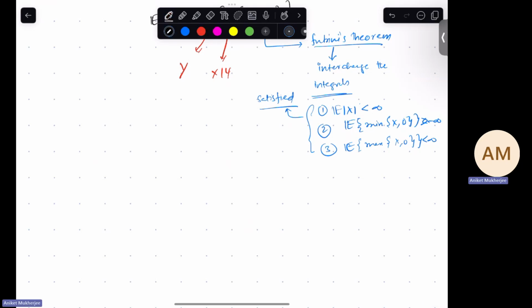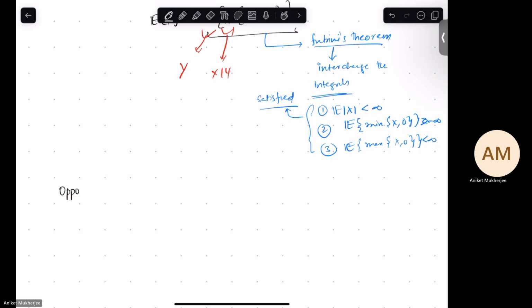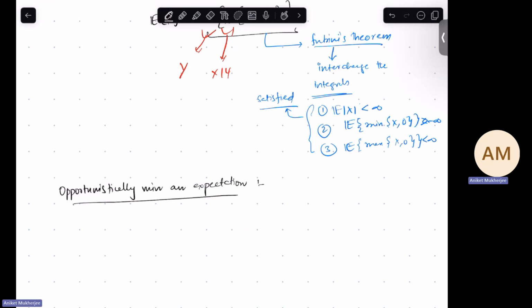Next is opportunistically minimizing an expectation. So basically what happens is you have your network system.